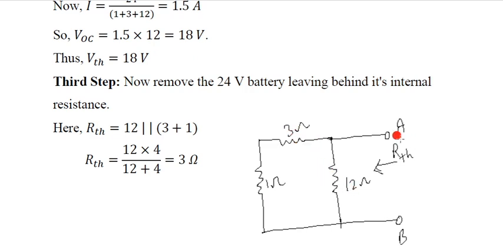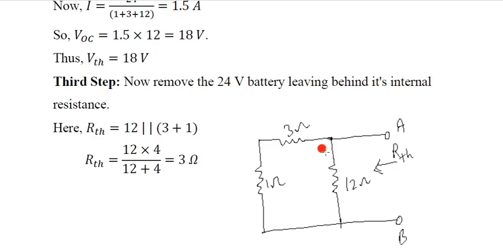Now basically you have to find the RTH by looking from here. When you look from these open terminals A to B, you have to find the equivalent resistance. For finding the equivalent resistance, you have to look from this side.